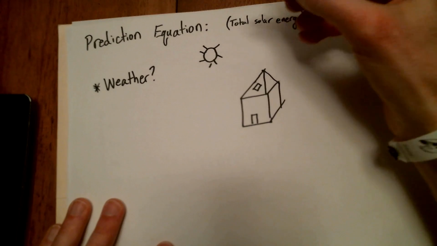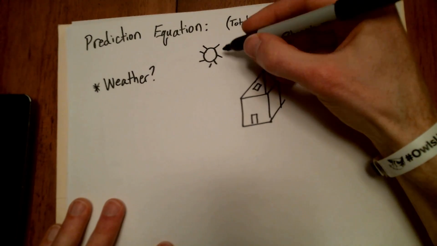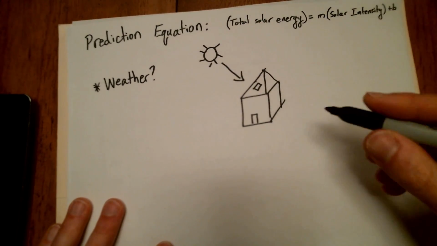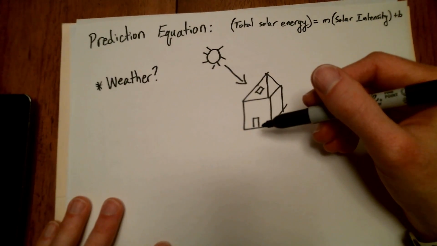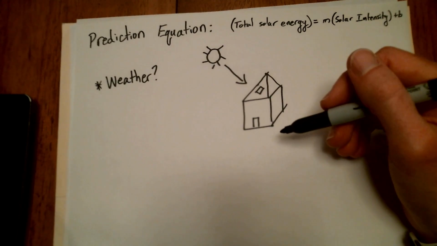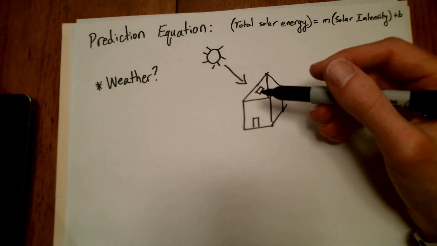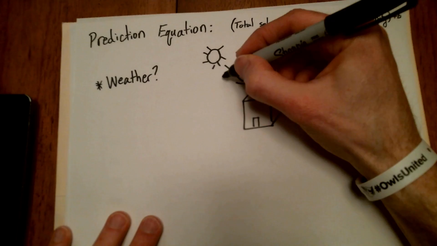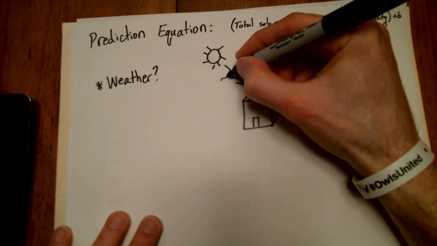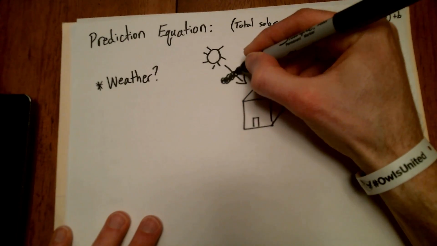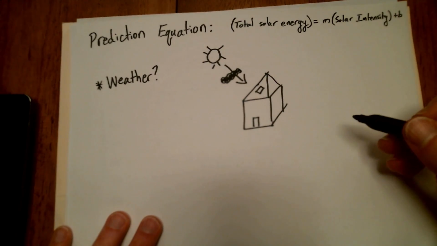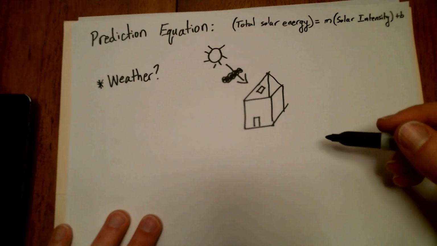And so far, we have a pretty good prediction equation if we have a nice and sunny day. But we know that in reality, you've got clouds that sometimes obstruct some of this sunlight here. I'll draw some little clouds in the way that are going to cause some issues.